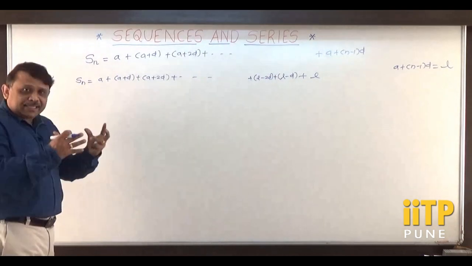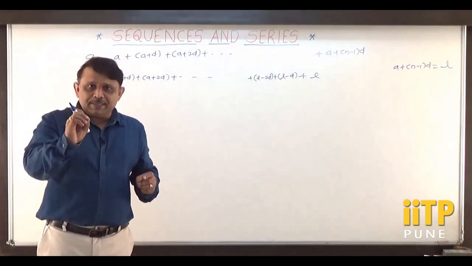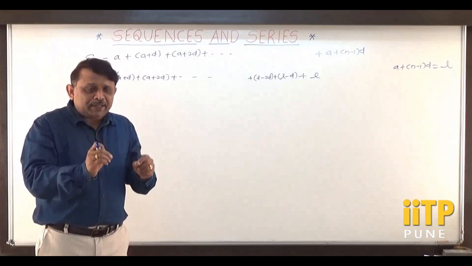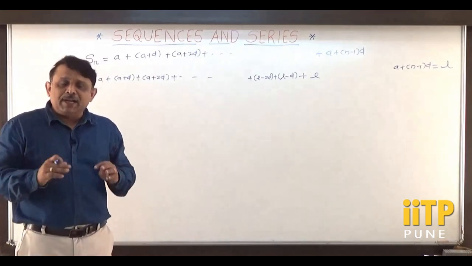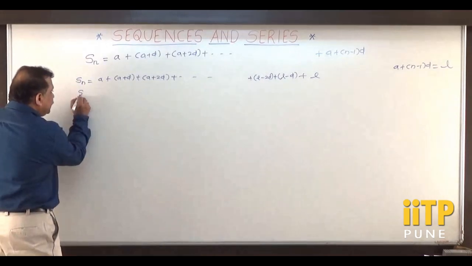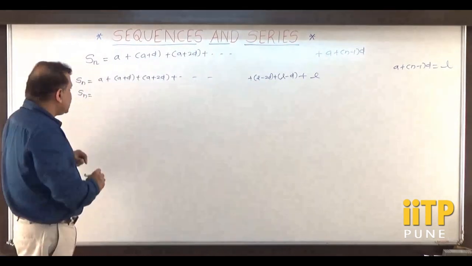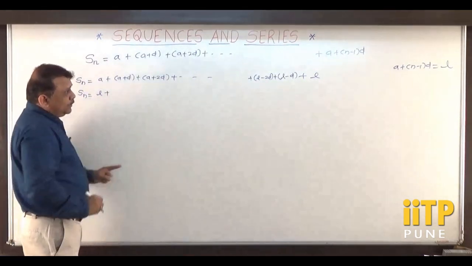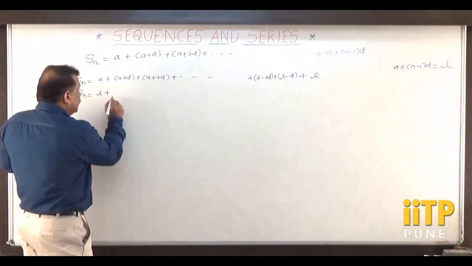Now, to get this Sn in a compact way, the technique is to write this sum in the reverse way. Writing the sum in the reverse way does not change its value. Hence, let me write this as Sn. The last term would be written as the first term. The second last term would be written as the second term.